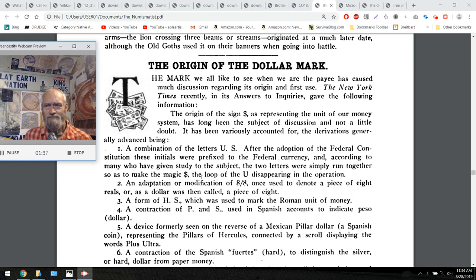Number two was the adaptation or modification of the 8 by 8, once used to denote a piece of 8 reals, or as a dollar was then called, a piece of 8.